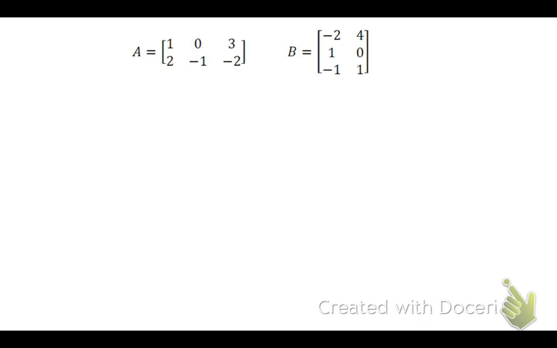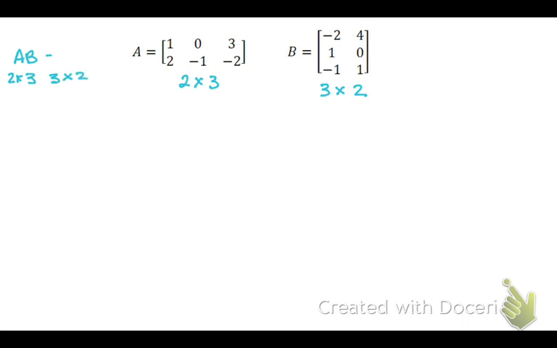So we're going to do AB, BA. So what's the dimensions of A? 2 by 3. And what's the dimensions of B? 3 by 2. So can I do both of them? Yes. So AB would be 2 by 3, 3 by 2.